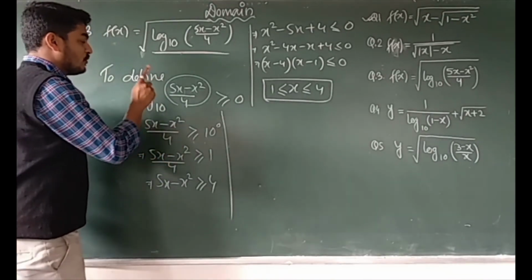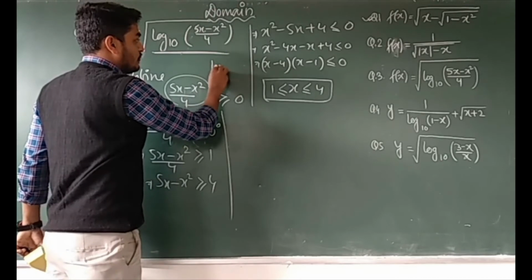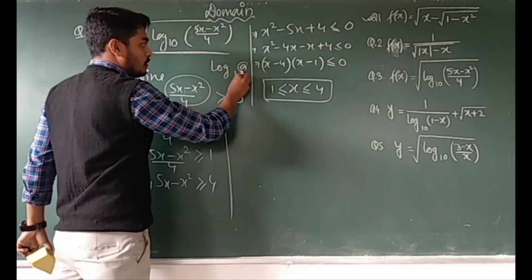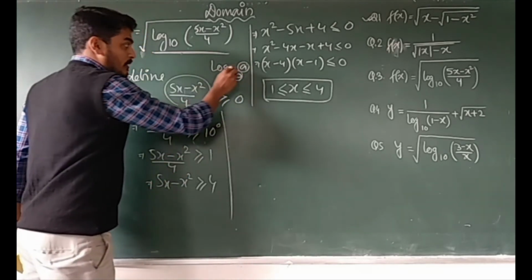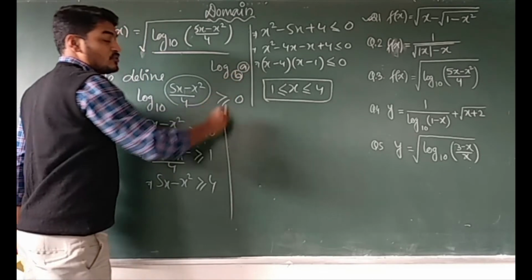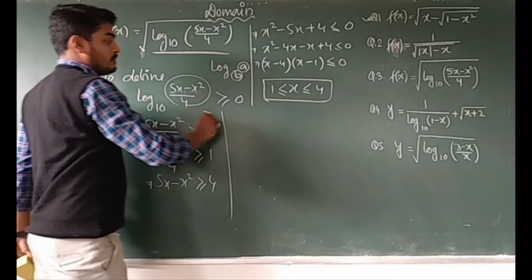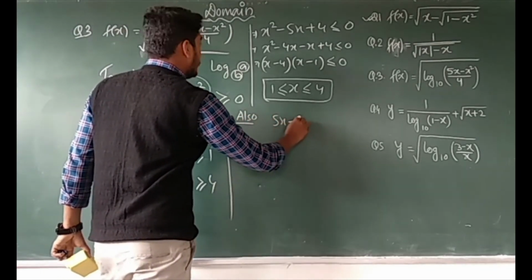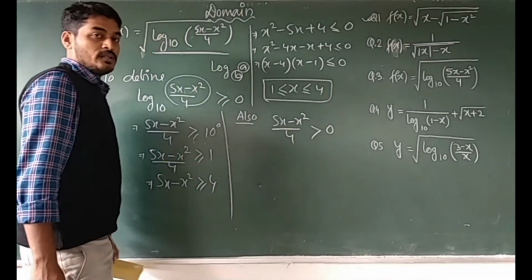Again, remember, in the case of any logarithmic function, if we have written log of a to the base b, the value of a as well as b should always be greater than 0. That's why we also have to write that 5x minus x squared by 4 should be greater than 0.